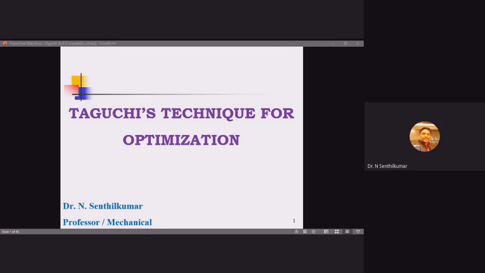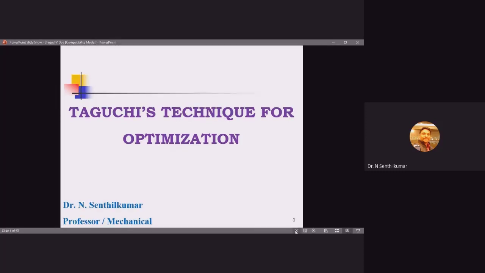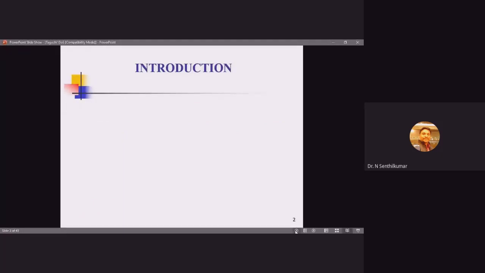One more advantage of Taguchi's technique, and why it is of much importance, is that it requires the least number of experimental trials. We call them experimental trials or runs, compared to full factorials or RSM designs or whatever it may be. Also, it not only considers the main effect, but interaction effects can also be studied using Taguchi's approach.